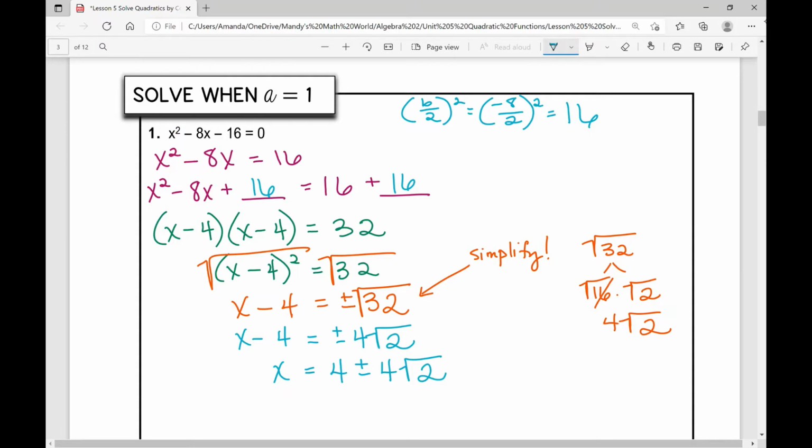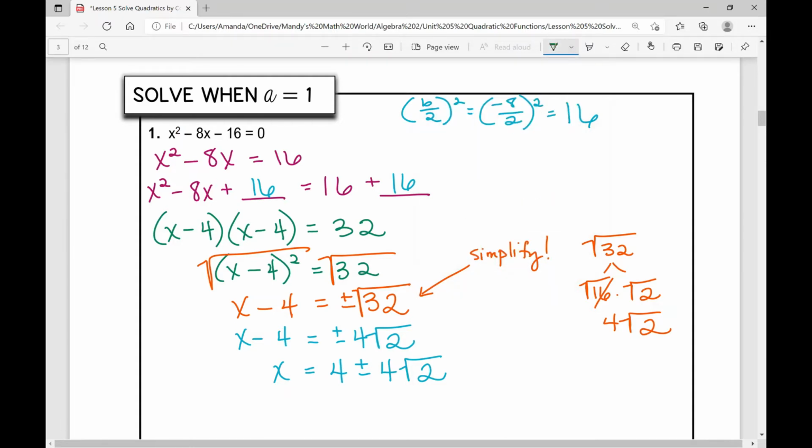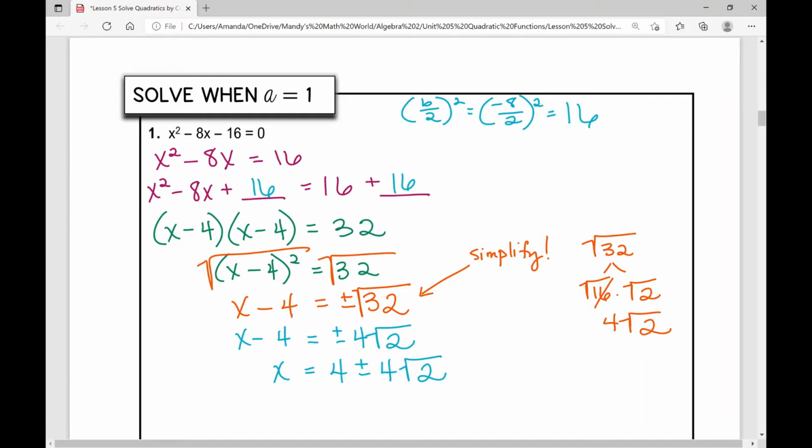If you're ever confused, I would suggest, let me change colors here, replacing that radical portion of your number with a variable, right? So this positive or negative 4 square roots of 2, positive or negative 4x, right? If I add 4 to both sides, I get 4 plus or minus 4x, right? And it's the same thing. It's just 4 plus or minus 4 square roots of 2.